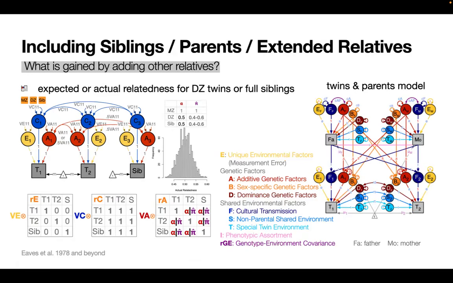In some instances, we also have data on the parents of twins, which opens up a whole new range of possibilities in terms of additional sources of variance that can be estimated.